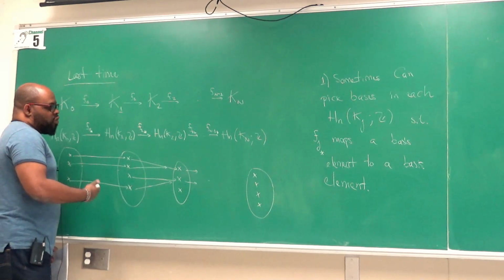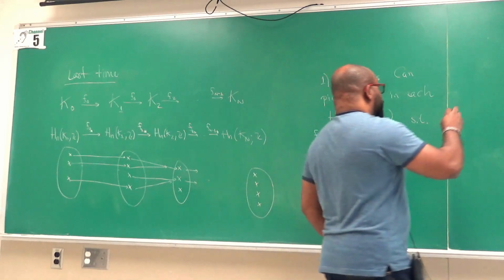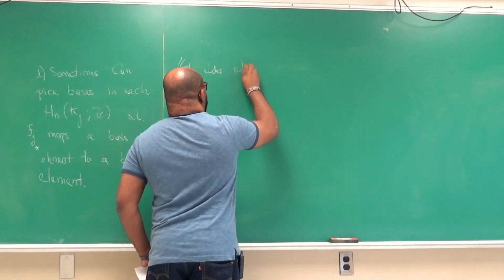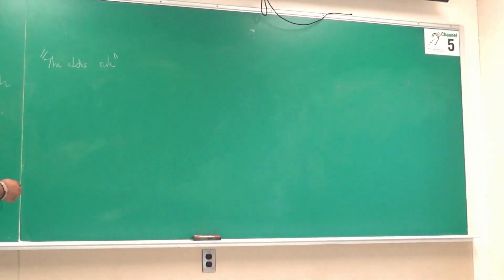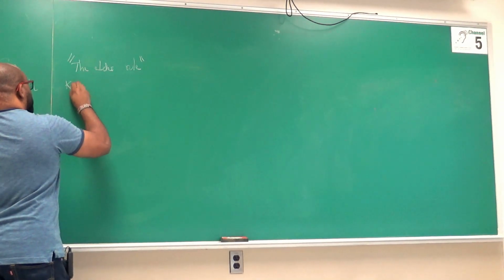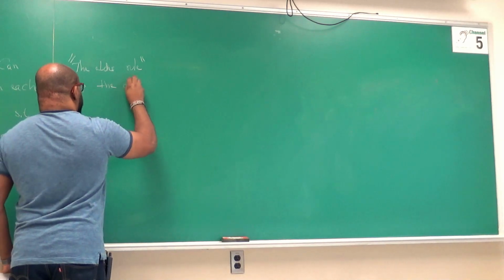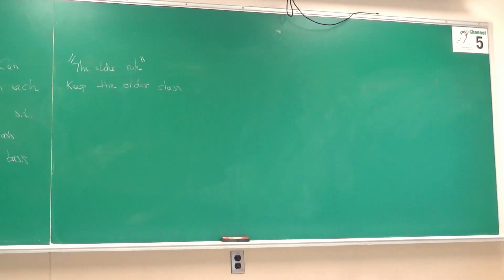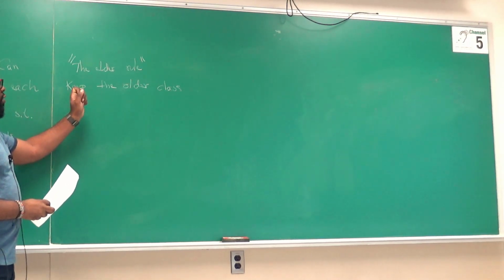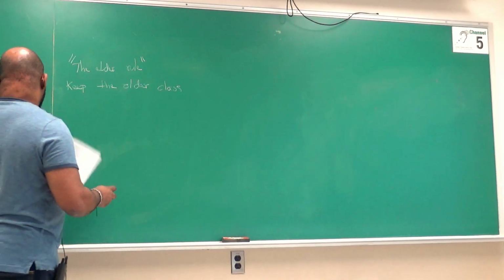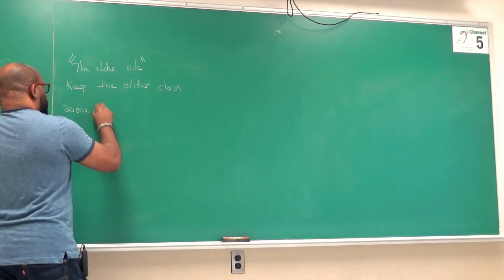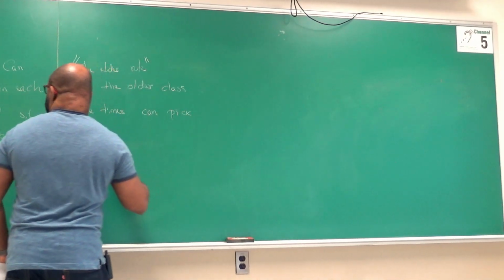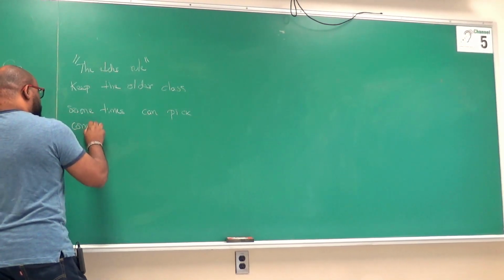So we introduced this idea of the Elder Rule, which in a few words says that one keeps the older class. And one way in which we can interpret this is that, again, sometimes we can pick not only bases, but compatible bases.